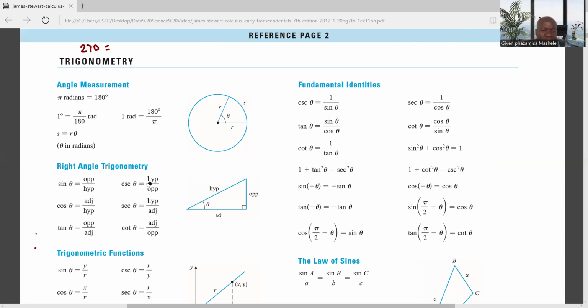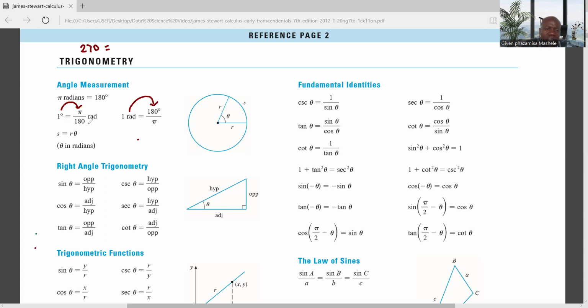That's why in most cases, they will tell you that most of the angles will be calculated in radians. The best way to convert degrees to radians, or radians into degrees, is to use this.